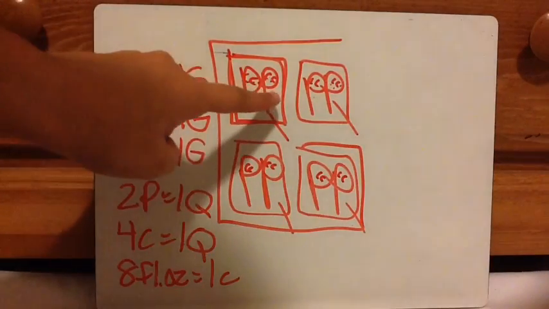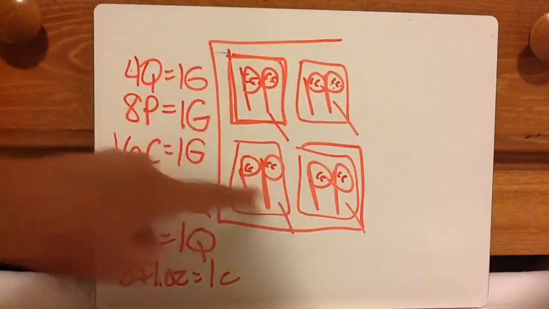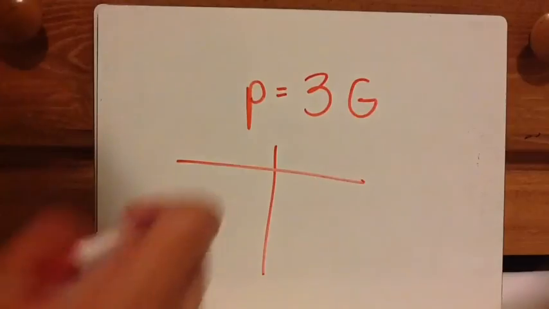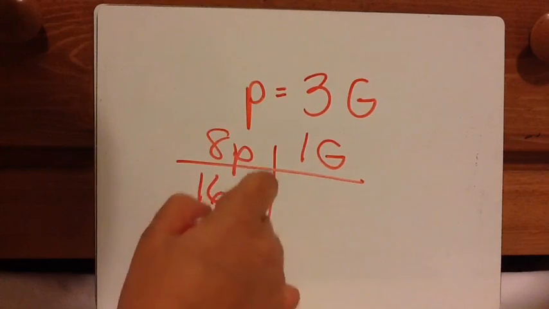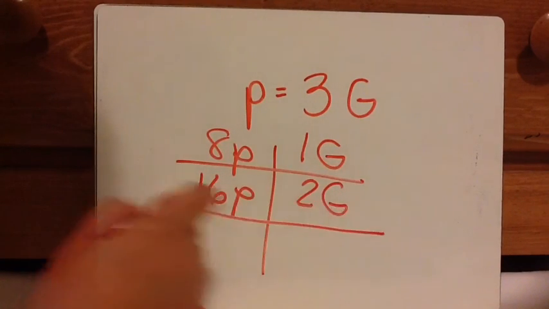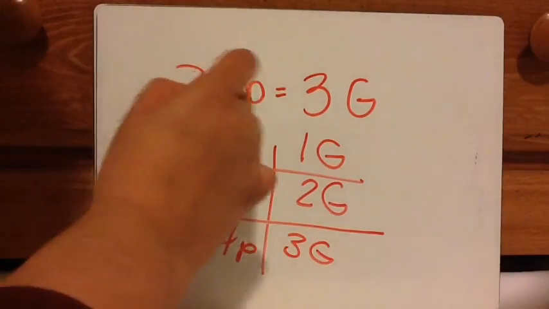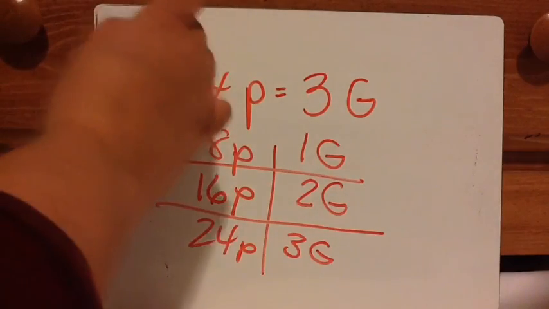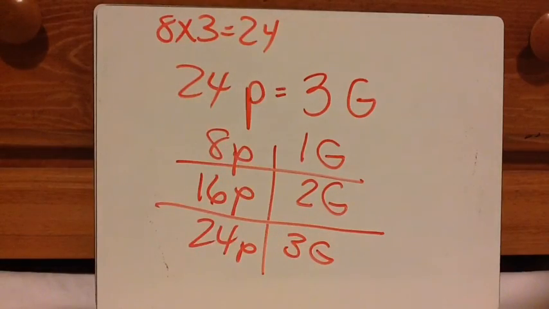I look over here and count. There are 1, 2, 3, 4, 5, 6, 7, 8 pints in the letter G. So 8 pints is 1 gallon. 16 pints are in 2 gallons. 24 pints are in 3 gallons. If there are 8 pints in a gallon and then there are 3 gallons, 24 is my answer.